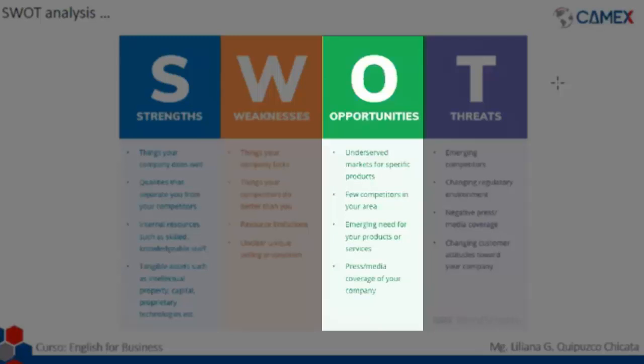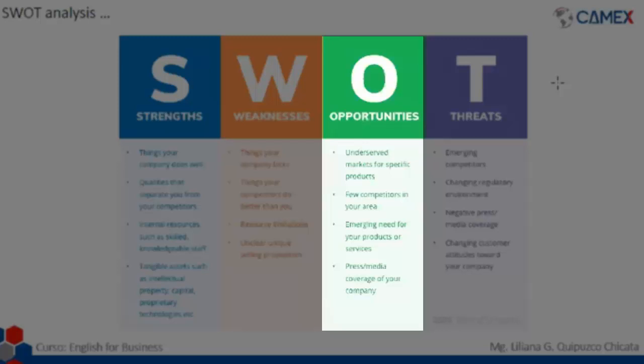And also, it is going to have companies inside. So these companies are going to have people working for them, and these people will need food for lunch and for dinner. So this would be a great opportunity for us, and this would mean an emerging need for food in the area.